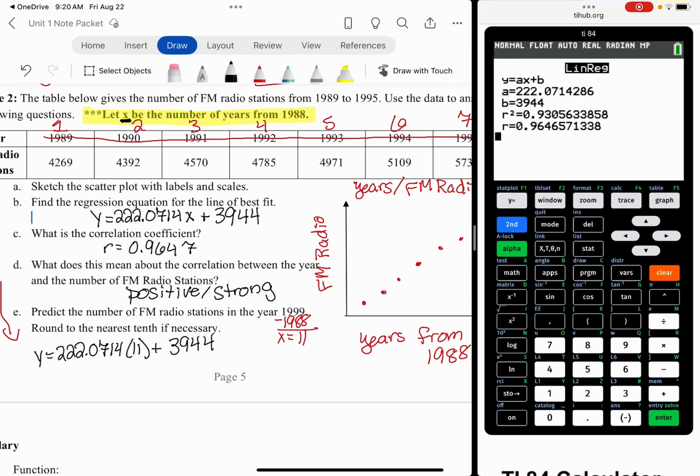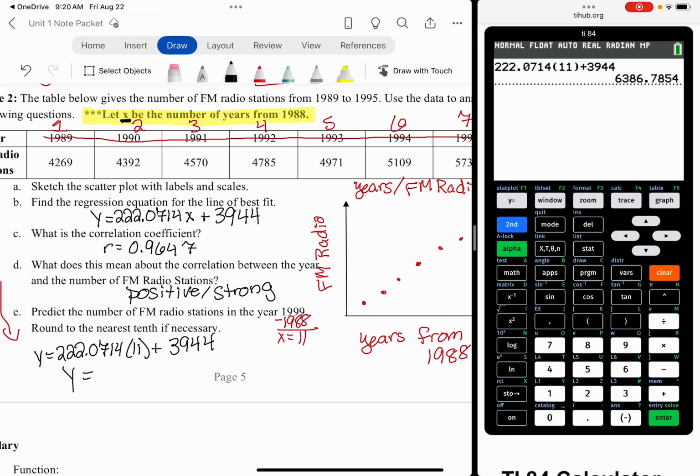Okay, that's our equation. Once we have that, we plug that in to figure out what this is going to be. Perfect. 6,386.7854. And that would be our answer for part E.